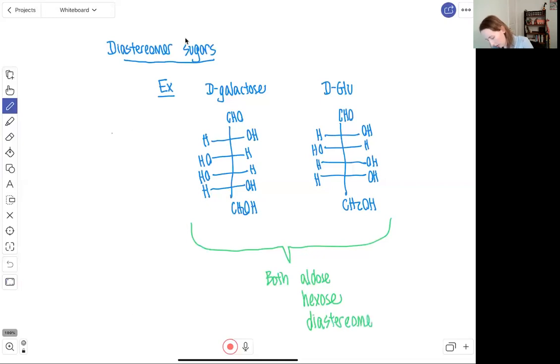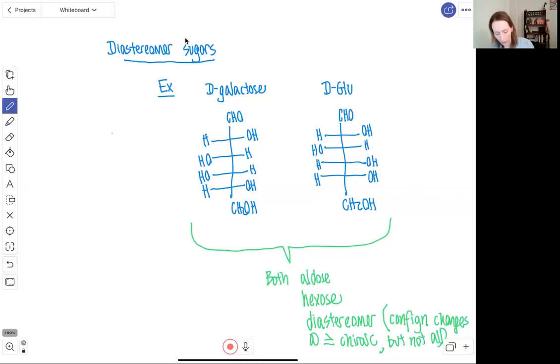Remember the diastereomer, from your organic chemistry terminology or biochemistry terminology, means that the configuration, that is the RS or DL configuration, changes at least one chiral carbon or stereocenter, but not all. If it changed at all of the stereocenters, then it would be an enantiomer.